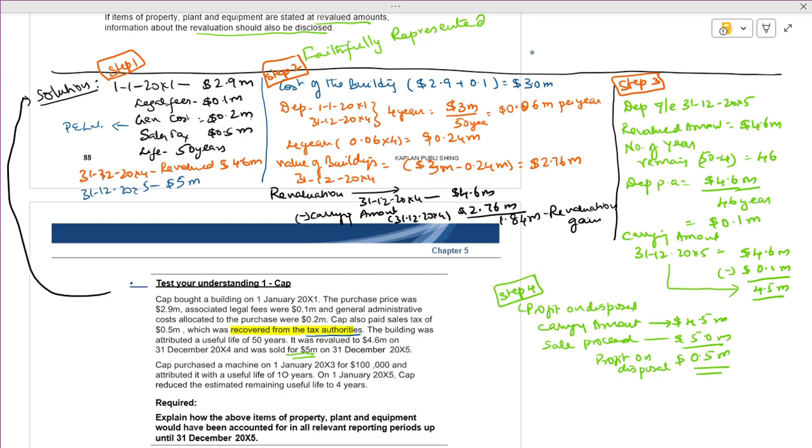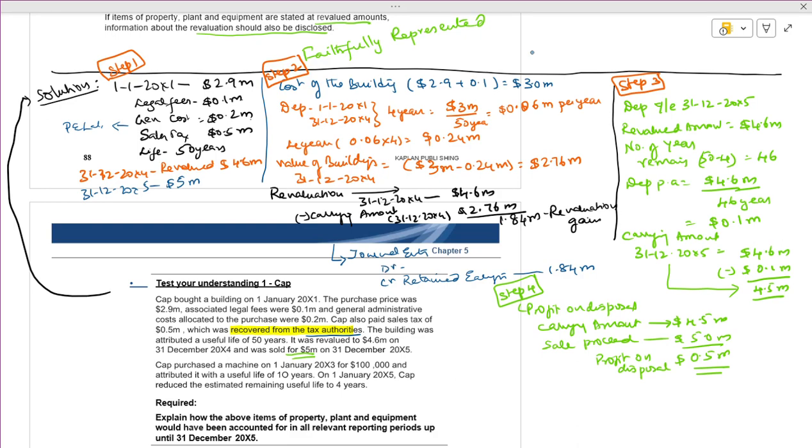Profit on disposal. Here you have to write the journal entry. How is the journal entry? 1.84 revaluation gain. If it is a revaluation gain, it will be in retained earnings. Retained earnings is 1.84 million. Debit will be how much?